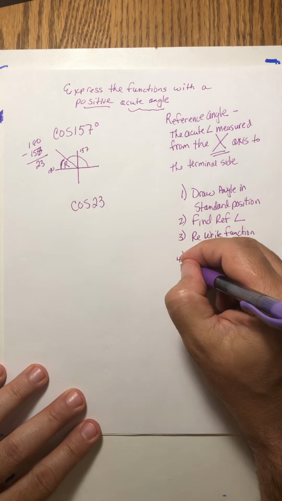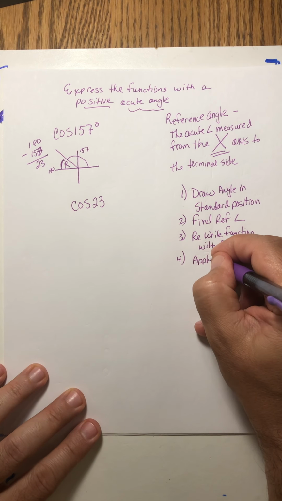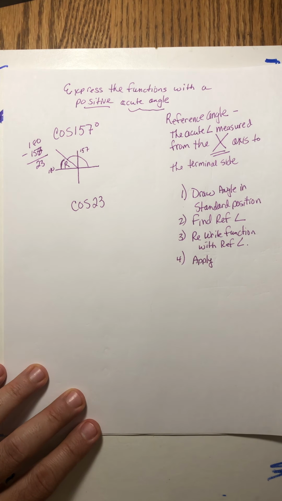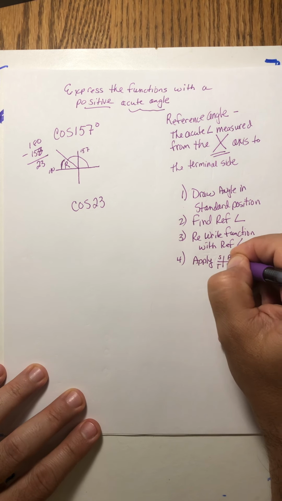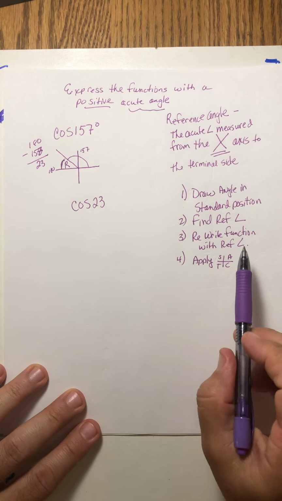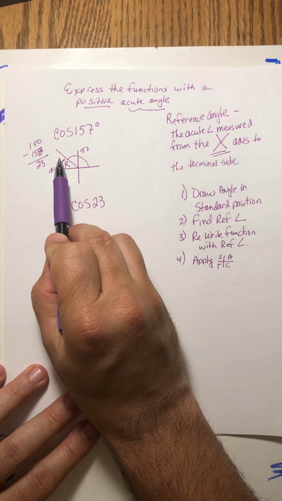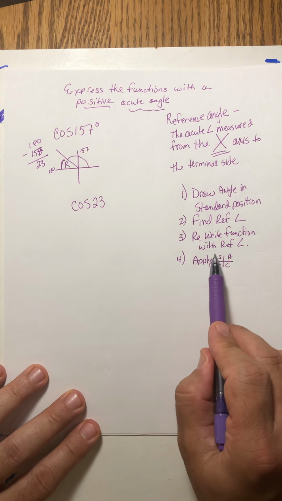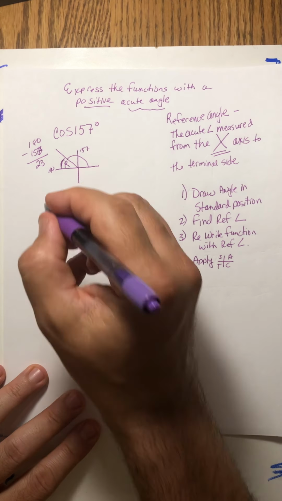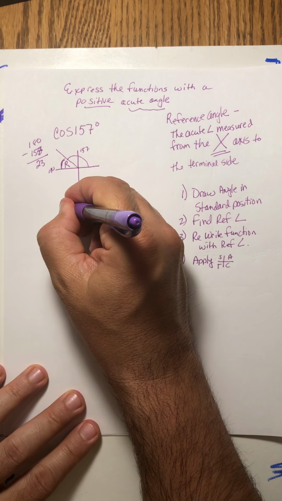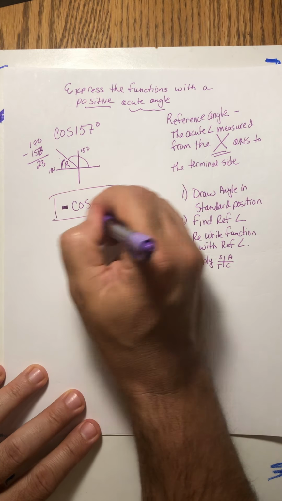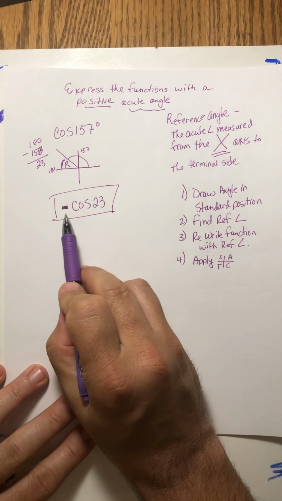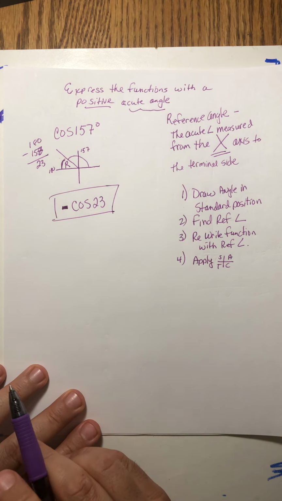And then number four, we apply what we picked up in the last lesson, the ASTC. What do we know about cosine in quadrant 2? Well, cosine in quadrant 2 is negative, so we put a big fat negative sign in front of this answer. So we're looking at negative cosine of 23 degrees.